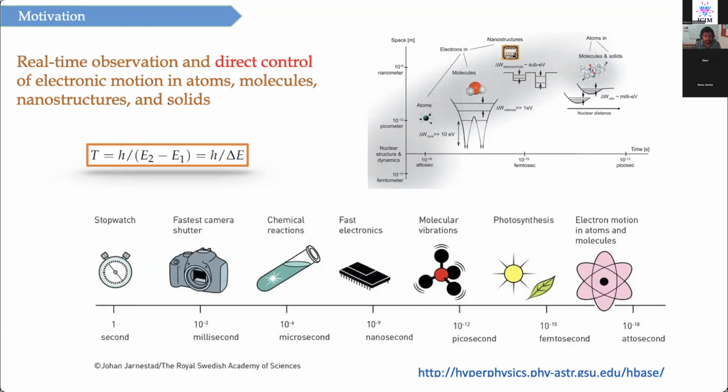To do that, you need shorter pulses or the fastest camera. Because you are trying to understand a process which is occurring really fast, you need a camera, and the fastest camera available in the world is called the attosecond pulse. It's not a direct camera, but an indirect camera that could capture information in those timescales.